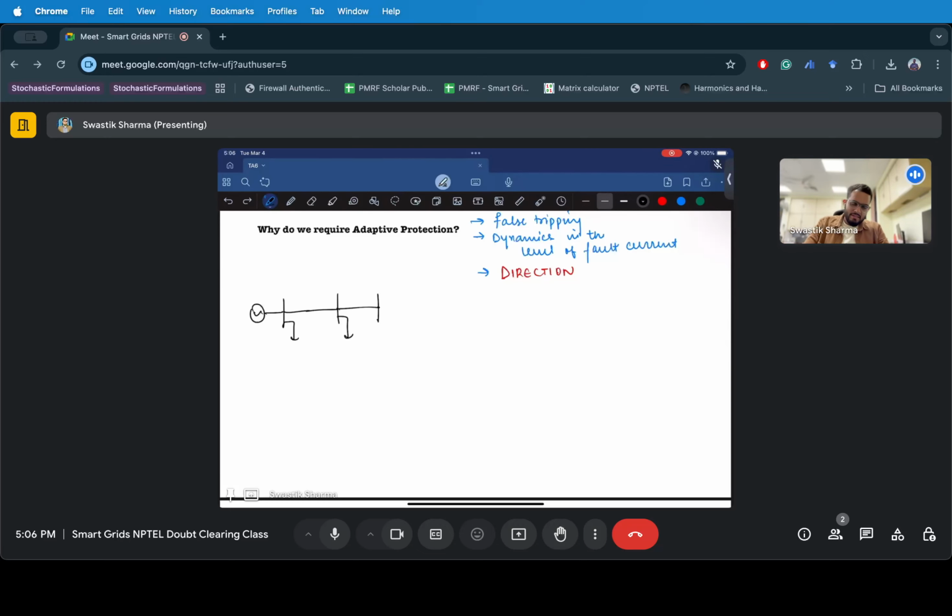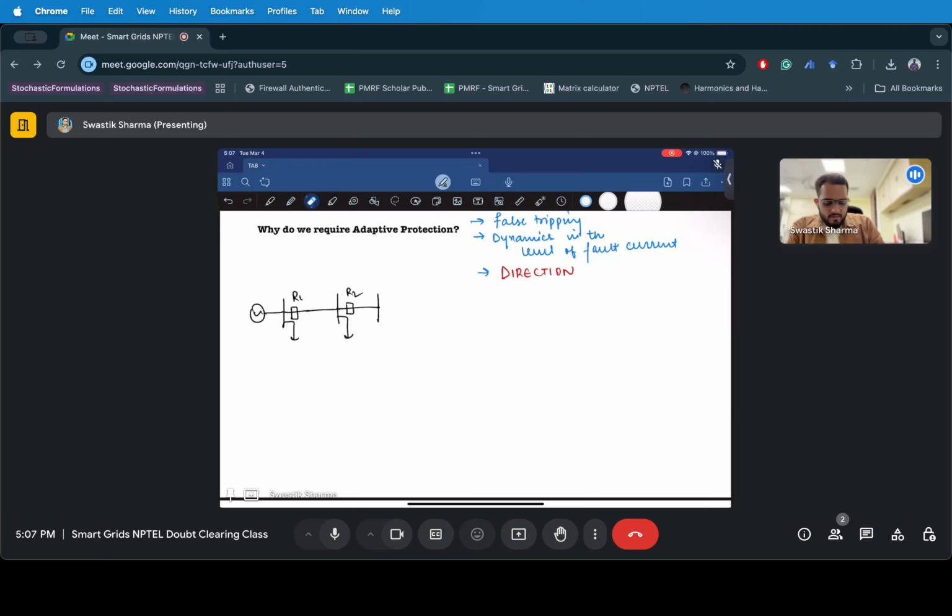I told you last week as well that we need redundancy when we talk about protection, to increase the reliability. When I say redundancy, it means there should be a backup that you can count on, so that you know your system is fairly protected. So let's say there are these two relays.